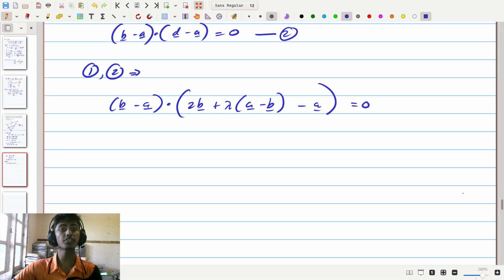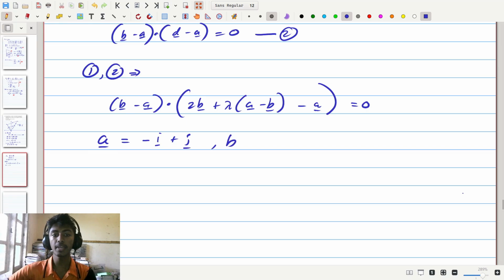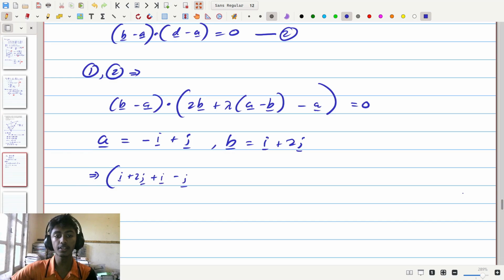Now to simplify this equation further, I'm going to substitute in the actual values of A vector and B vector. As we know from the question, A vector is equal to minus I vector plus J vector, and B vector is equal to I vector plus 2J vector. So if I substitute those two in, on the left hand side in the first bracket, B vector minus A vector is going to become I vector plus 2J vector, and then minus A vector is going to become plus I vector minus J vector.